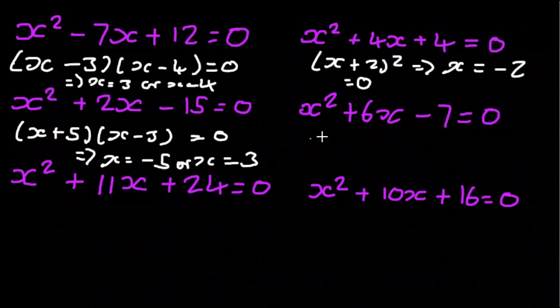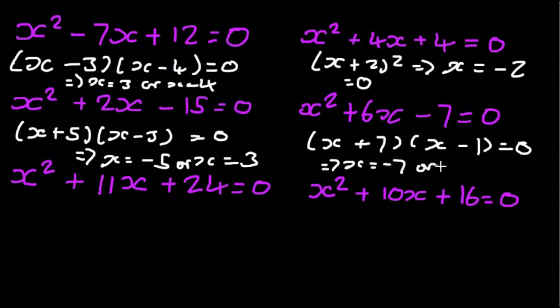Here we're going to have one positive factor, one negative one, and looking at well, 7's prime, so the only factors of 7 are 1 and 7 itself, and this is positive, so we're going to have plus 7 and negative 1, and that implies x is equal to negative 7 or x is equal to 1.